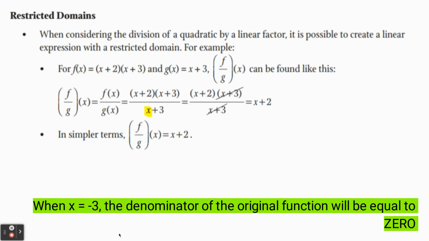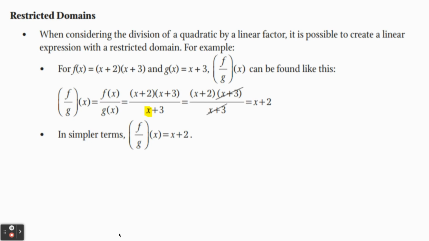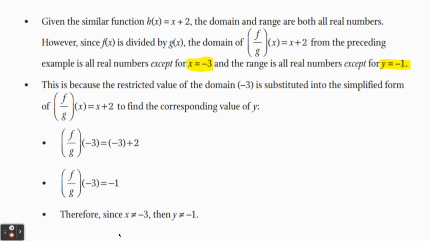However, because there was an x plus 3 in the denominator to begin with, we need to restrict the domain. In other words, we need to ask ourselves, what would have made the denominator equal to 0? And the answer is negative 3. Negative 3 plus 3 would be equal to 0.